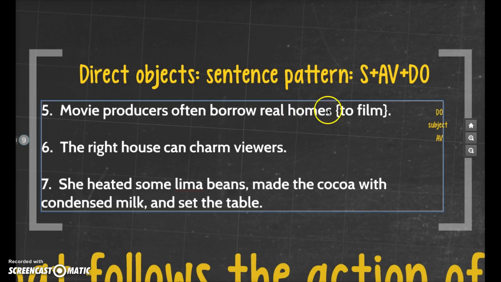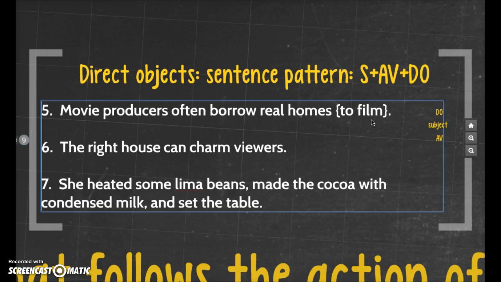I see a preposition, to, but I need to be very careful because this word could either be an infinitive or a prepositional phrase. I need to look at the word following it to understand what sort of phrase this is. The word following it is film, so to film.